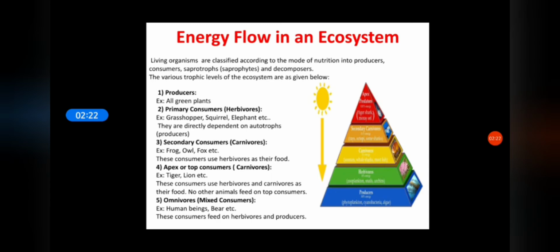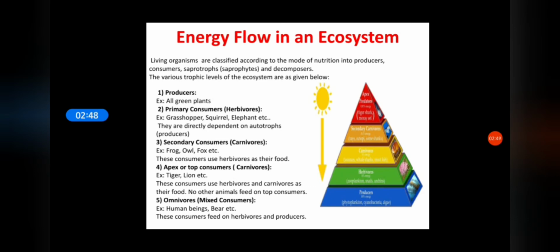And the examples of microorganisms are algae, bacteria, fungi. All those organisms form different trophic levels of the ecosystem as shown in the picture below. So let us see in detail about the different trophic levels forming the ecosystem.